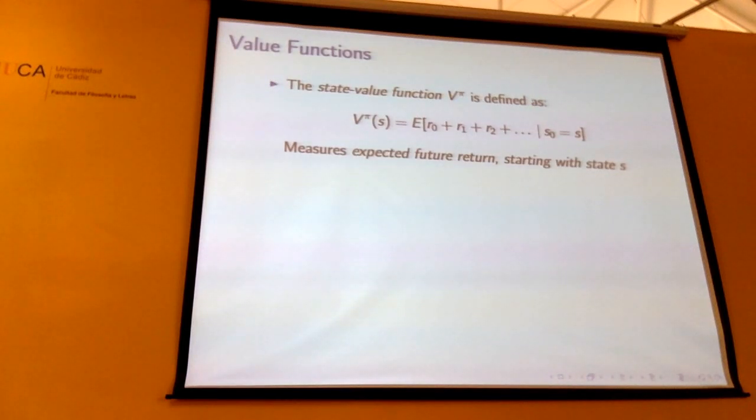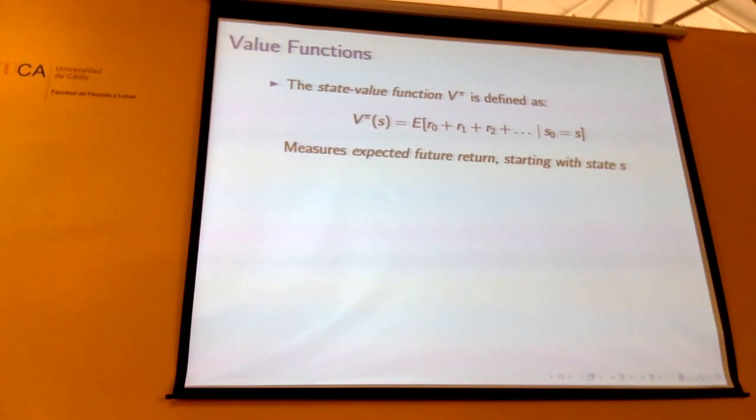So value functions are one of the most important concepts in reinforcement learning. And in fact, many introductions to reinforcement learning start with value functions and start with algorithms that try to solve for the value function. But they sort of play a supporting role here in policy gradient methods, as opposed to a main role. And here they're going to be used for variance reduction.